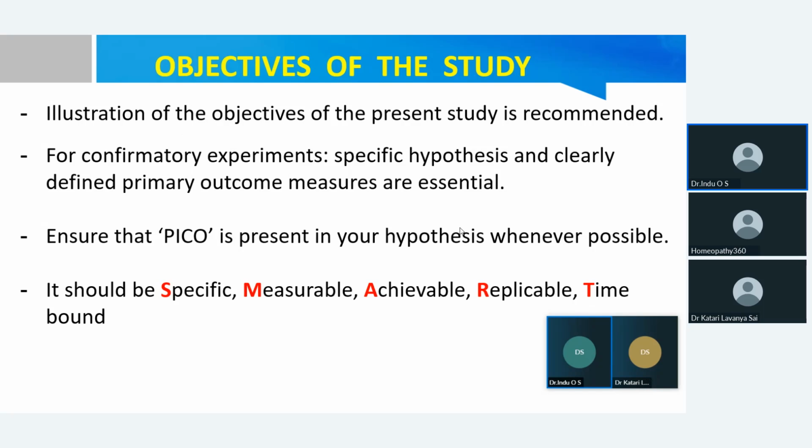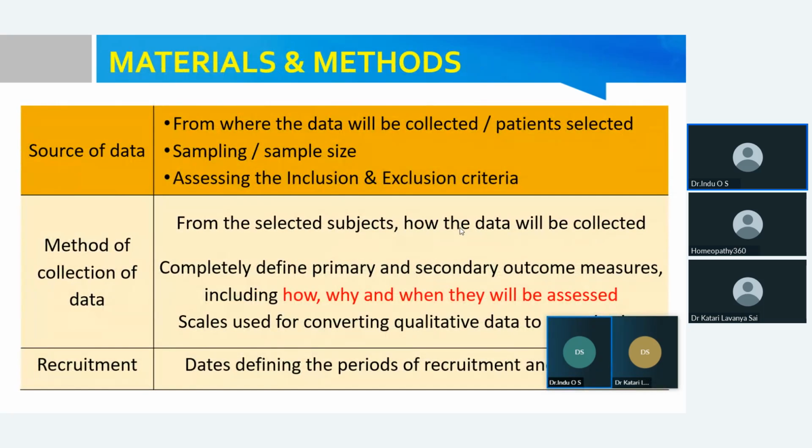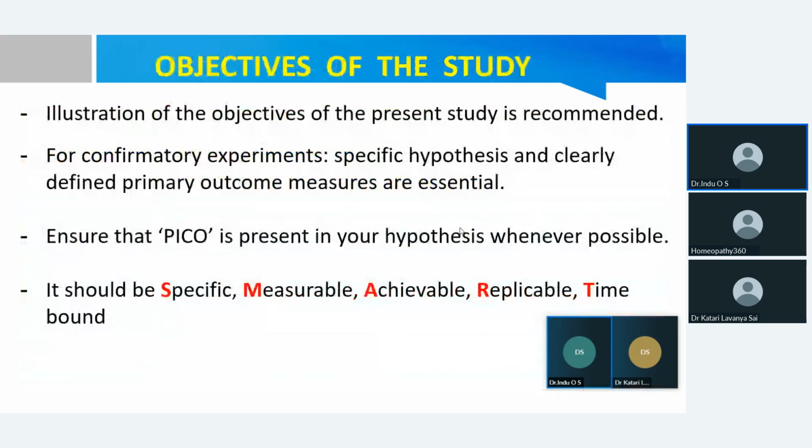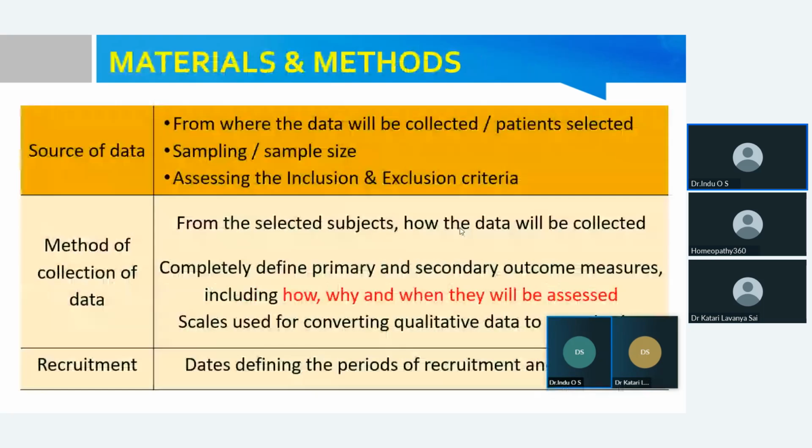continue. Source of data means from where you are collecting the data for your study. If it is a clinical study, most probably we'll collect the data from the OP or IP. So from where the data will be collected, or from where the patients are to be selected for your study.